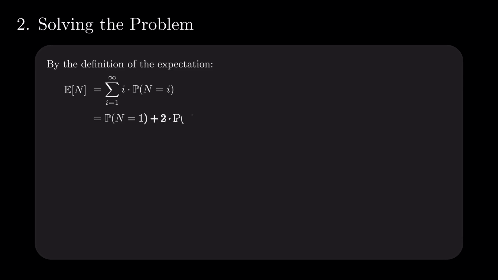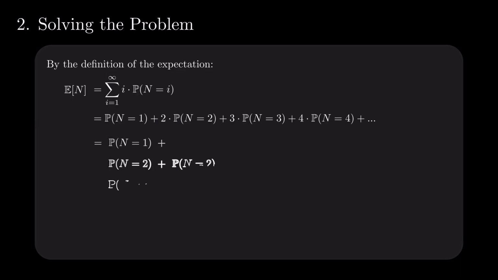Let's start by writing the formula for the expectation of a discrete random variable. Splitting i times the probability that n equals i into a sum of the probability that n equals i counted i times, and aligning the values as seen on the screen, we can rewrite the expectation as the sum over the observed columns.